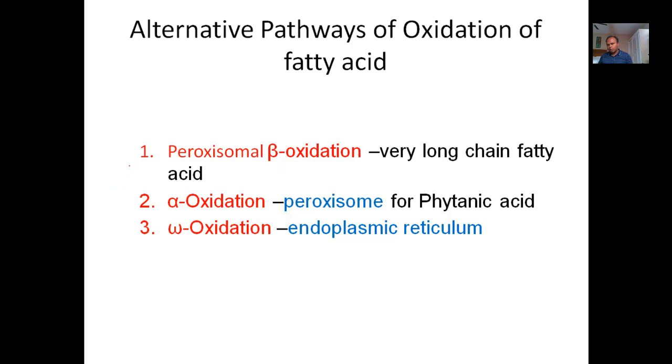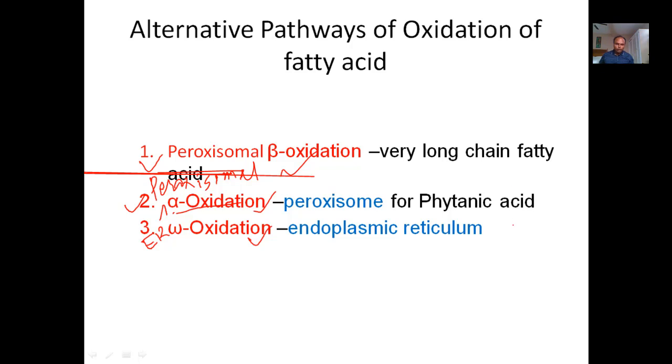The alternative pathways are of three types: peroxisomal alpha oxidation, peroxisomal beta oxidation, and endoplasmic reticulum omega oxidation. So these three reactions occur outside the mitochondria, two in the peroxisome and one in the endoplasmic reticulum.